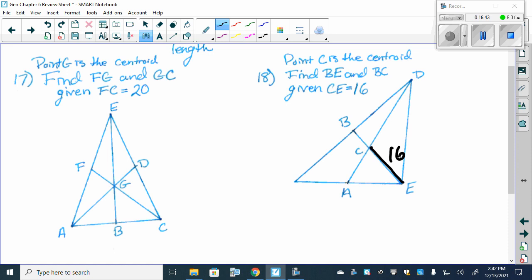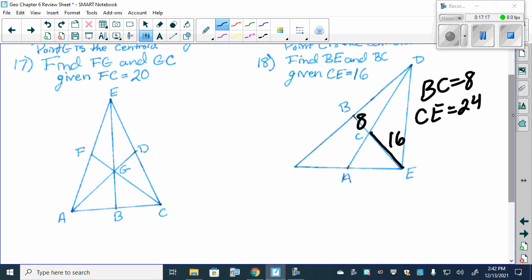Now, is CE the smaller, bigger, or the whole? The bigger. And the bigger is equal to twice the smaller, and the smaller is equal to half of the bigger. So if the bigger is 16, the smaller would be 8. So BC is 8, and CE, the whole thing, would be 24.